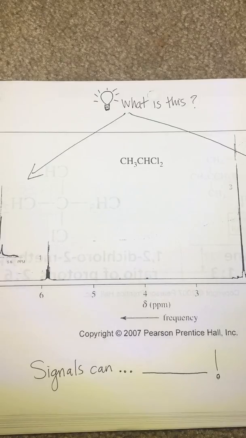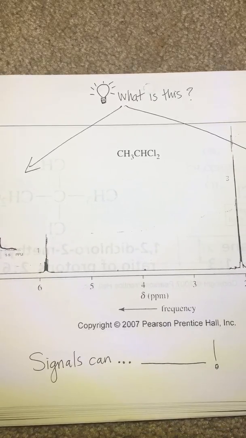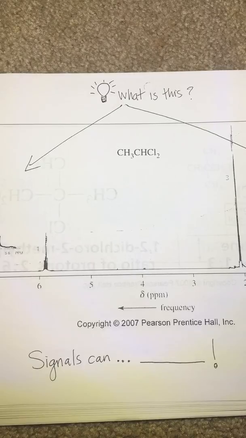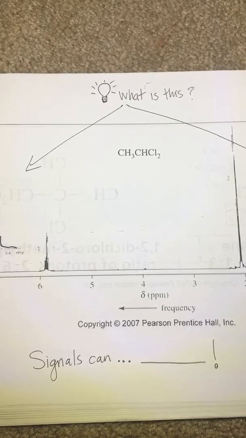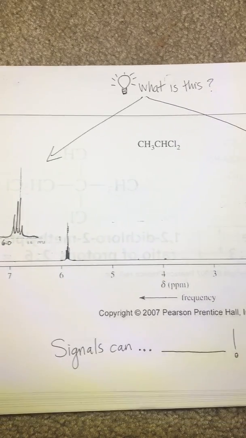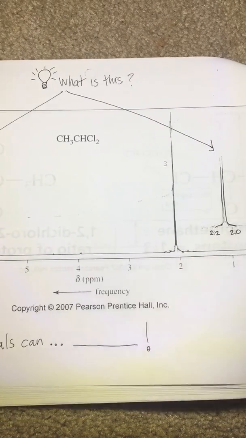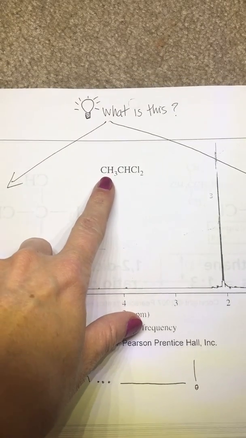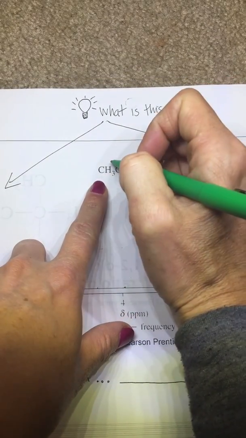So last Wednesday, you guys were doing really great at figuring out how many signals we should see on an NMR spectrum. And so here's our little spectrum here. Looking at this molecule right here, you said we should see two signals.